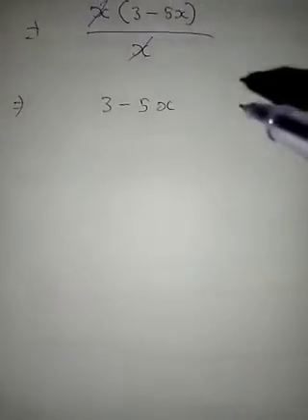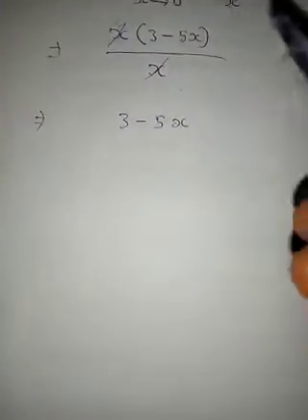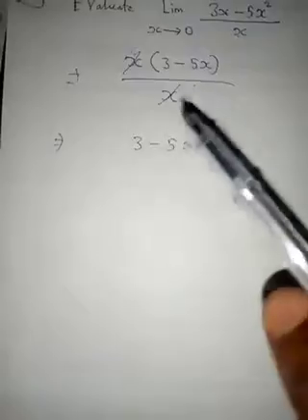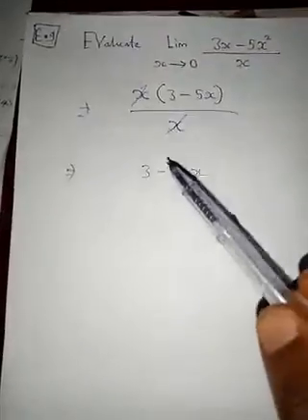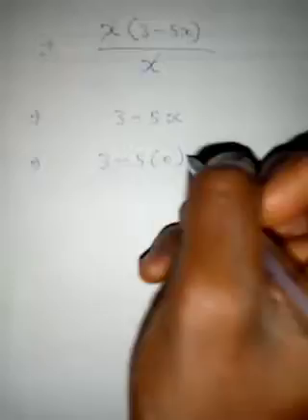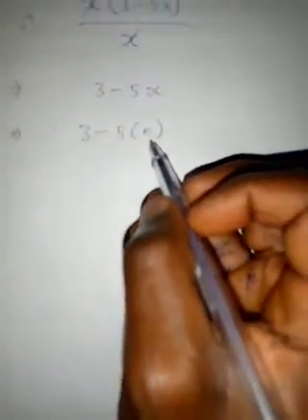That's what we'll be left with. So from here, we can now try to use direct substitution. If I now substitute x equal to 0, anywhere we find x, we are going to turn it to 0.